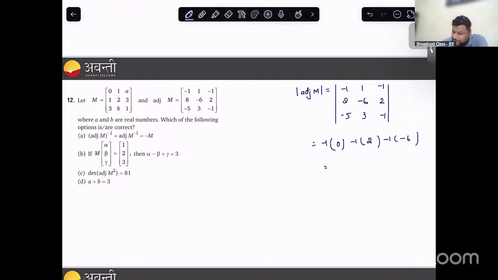So it is going to be -2 plus 6, that is 4. This is the determinant of M square.